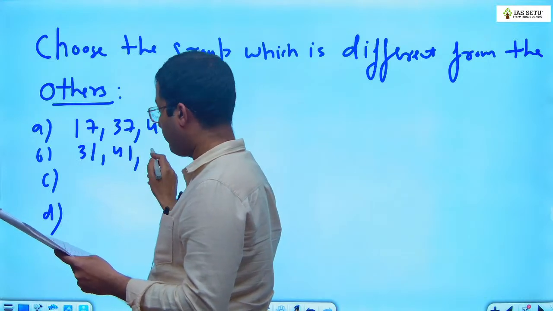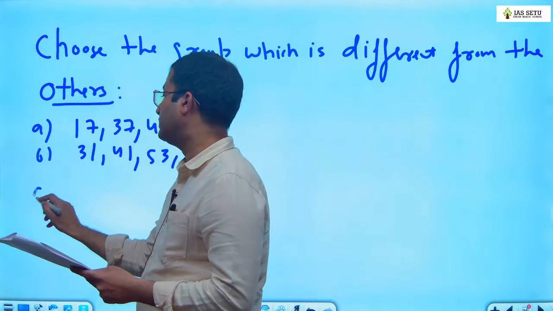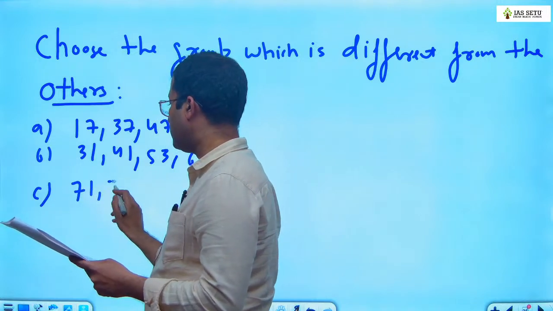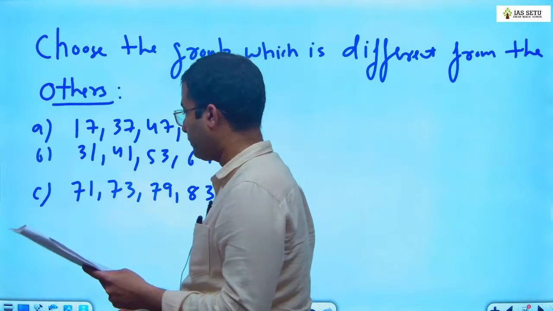Option B is 31, 41, 3. Option C is 71, 73, 79, 83.